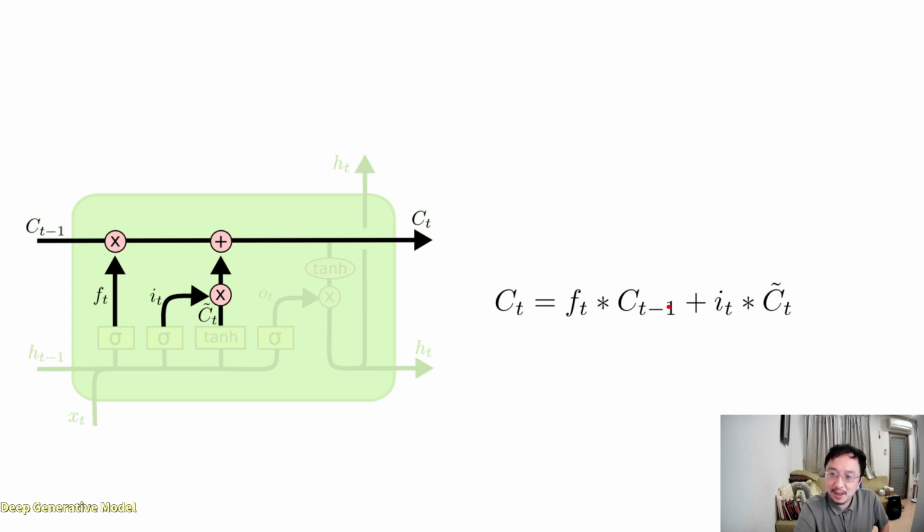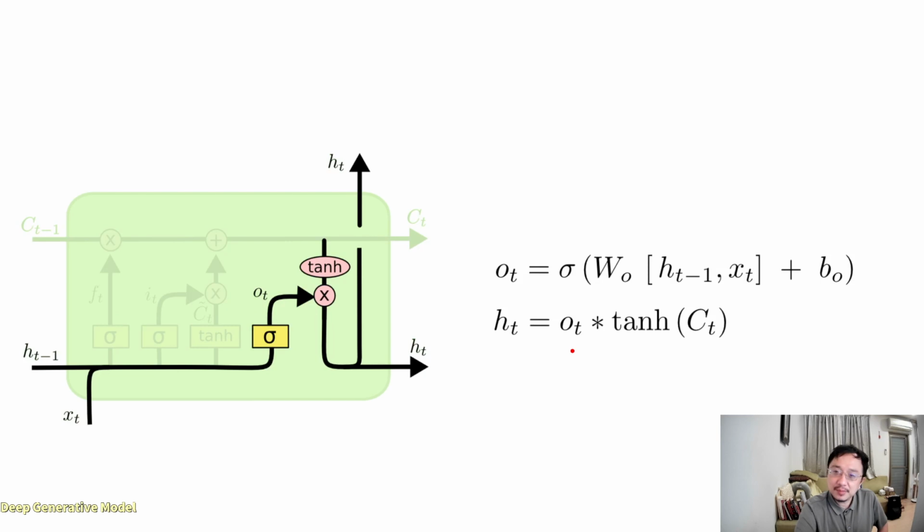So it is a linear combination of the original memory and the new one that is composed by xt and ht-1. Okay, so how about the output ht here and the new short-term memory?